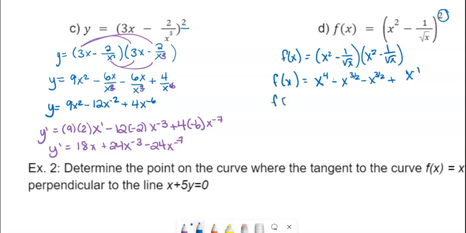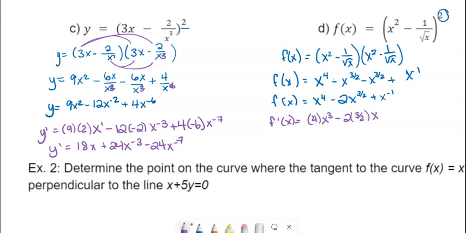Okay, I'm just going to combine like terms here. x to the 4 minus 2 x to the 3 over 2. And if this is difficult, just pause the video and do that expansion slowly. That's totally fine. Okay, let's take the derivative. Take the exponent, reduce the exponent by 1. Keep the constant.